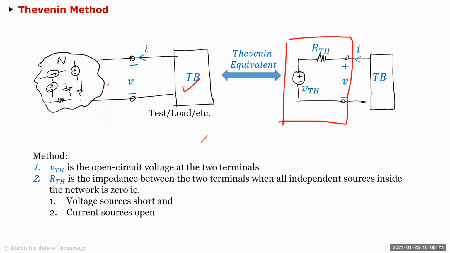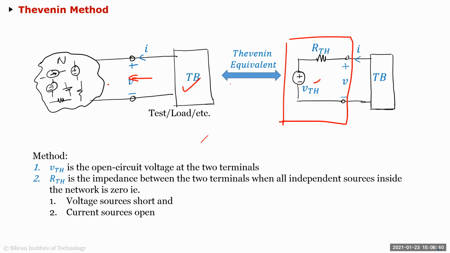It is a voltage source in series with a resistance, and that voltage source is the open circuit voltage. So if you open these two nodes and measure with a high impedance voltmeter, whatever the voltage is, that is your VTH, right?